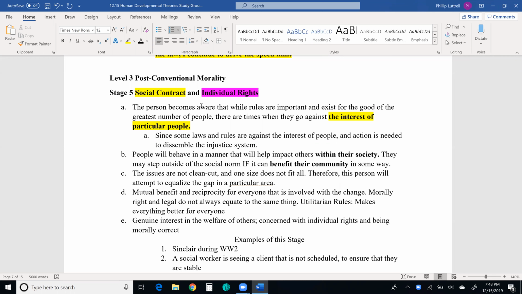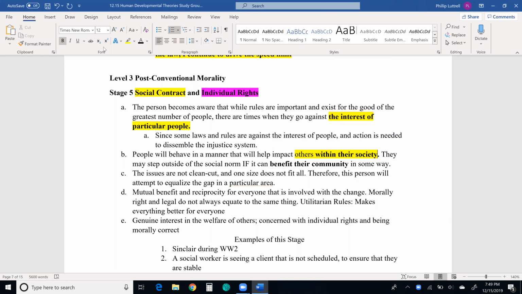So since some laws and rules are against the interest of people, an action is needed to dismantle the injustice of this system. Why? Because not everything is always going to be accommodating and be what people need in that time. So people will behave in a manner that will help impact others within their society. Key emphasis within their direct community and society.